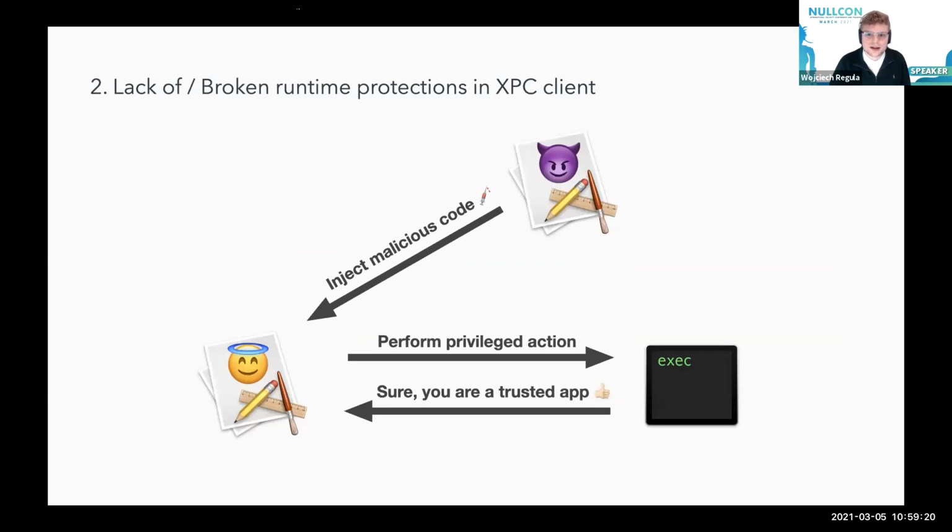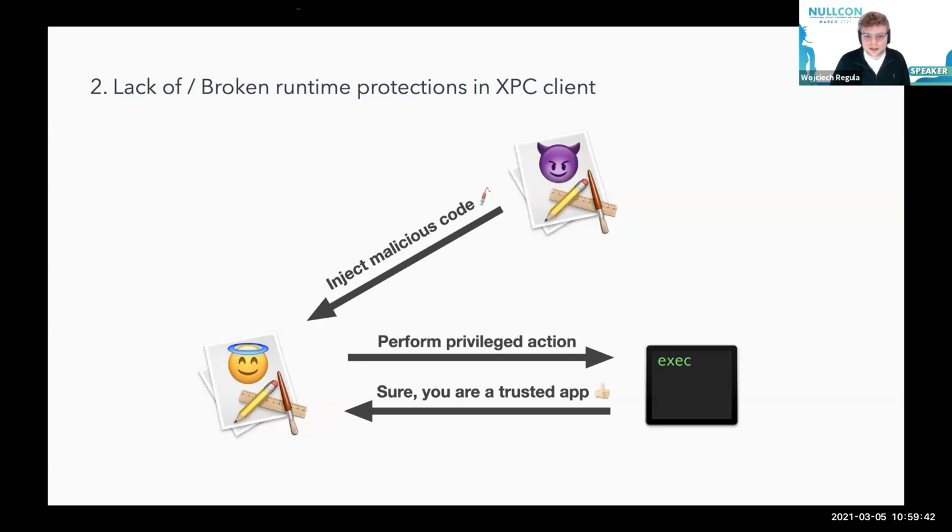The second attack scenario, our malicious application cannot directly talk to the XPC server because there is some kind of cryptographical validation. So we have to init the connection from the trusted executable.